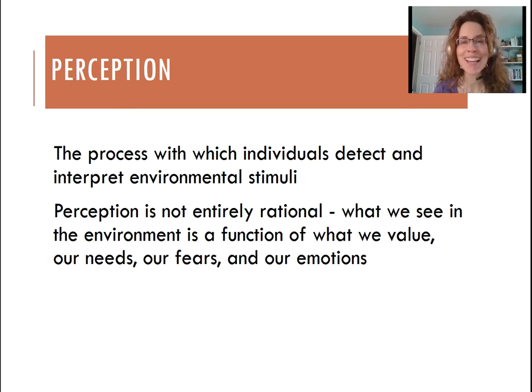There's no such thing as objectively detecting environmental stimuli, not when we're talking about people. Instead, everything is filtered. Filtered, again, through our values, our needs, our fears, our emotions, our prior experiences, even just what we expect to see. That all conditions what we in fact see.